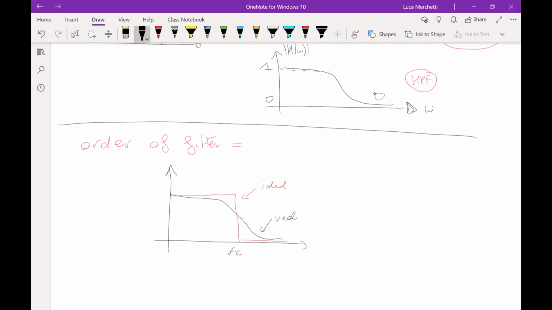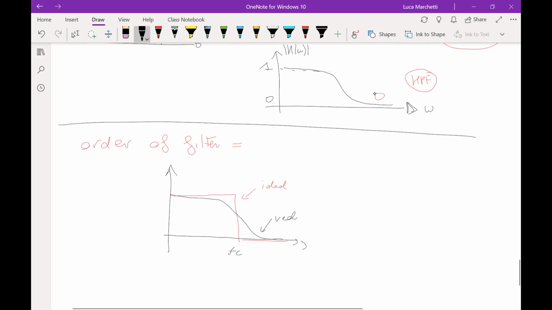So this real curve is different than the ideal, and the part we don't like is this part here, because we let this signal pass a little in this range where we don't want it. Okay. So often you want the real filter to behave more like an ideal filter.